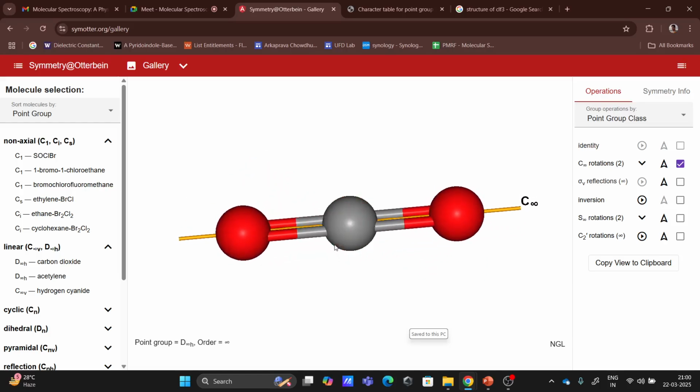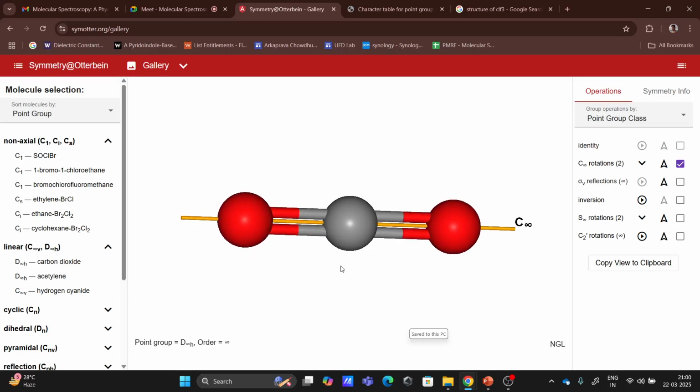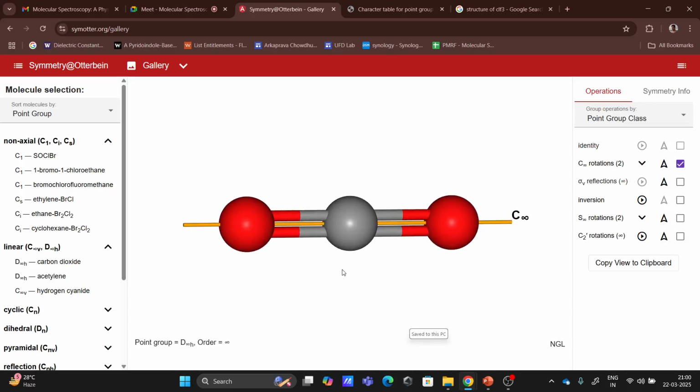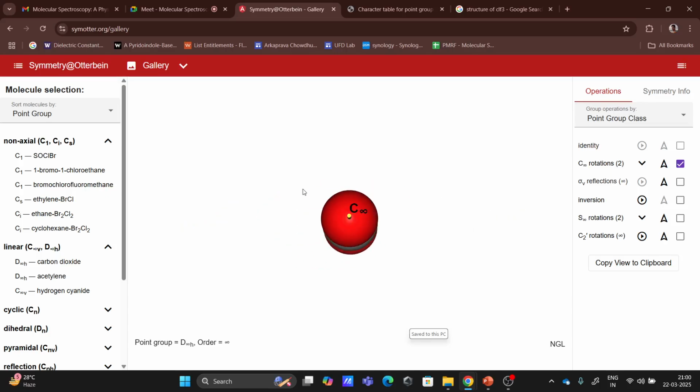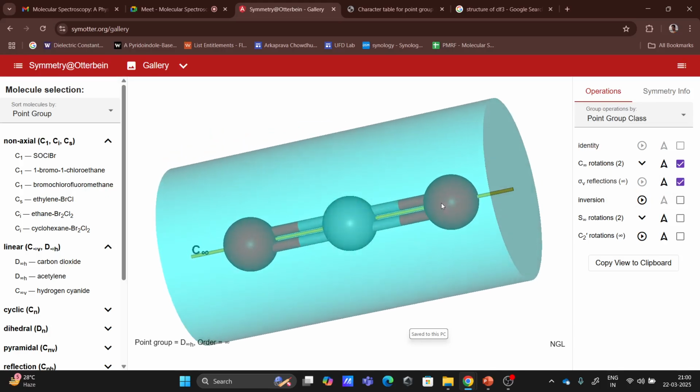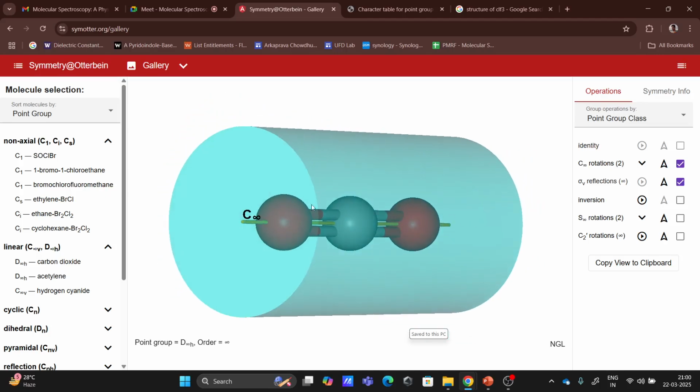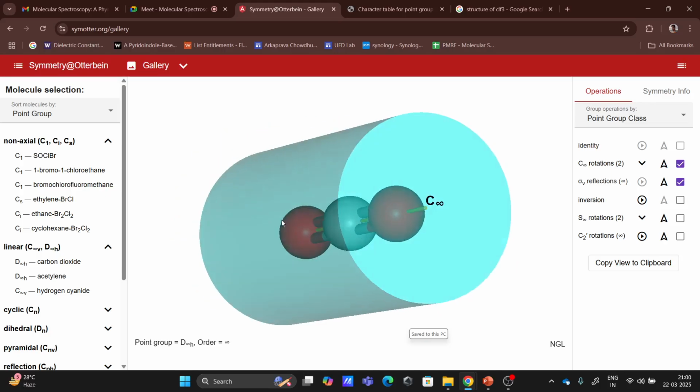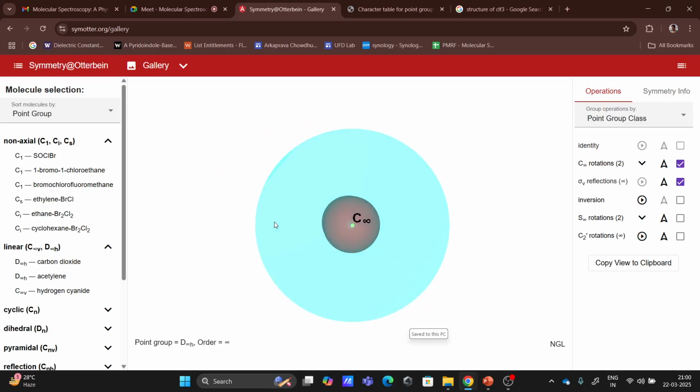That's why C infinity. Now, with the same vertical C infinity, you are going to get an infinite number of sigma v also, like a cylinder. Each slice of this cylinder is an individual sigma v plane.